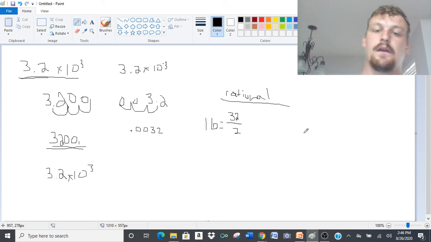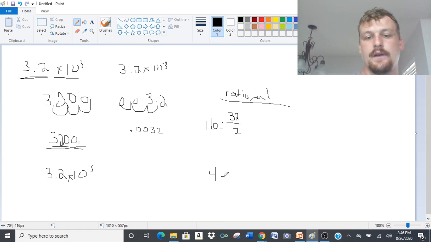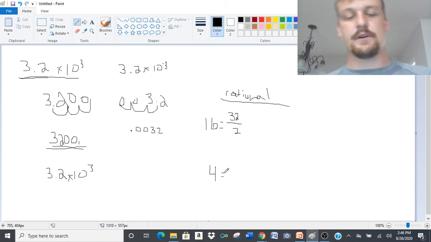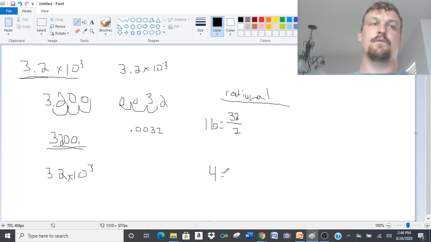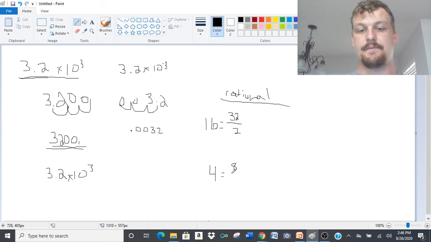I guess another thing that you could do is, whatever the number is, say if it's 4, as an example, this might help some of y'all who are struggling with it. Just think of what would be 4 times 2, 8. So therefore, 8 divided by 2 equals 4.